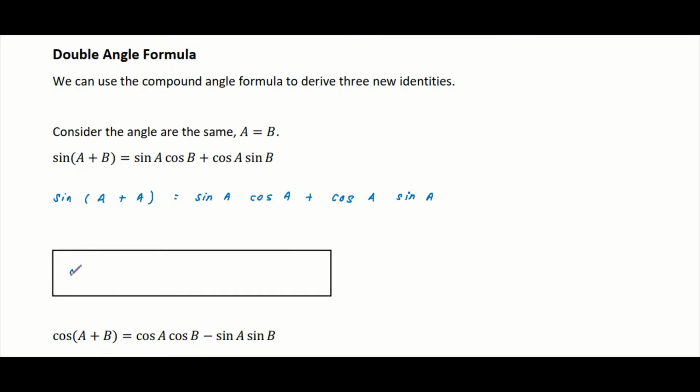So the first identity that we have is sine 2A equals 2 sine A cos A. Okay, because you add them together, or if you want, you can write one more, just change this to sine A cos A. Then you can see this much more clearly. So sine A cos A plus sine A cos A gives you 2 sine A cos A. Okay, so simple as that. So we got our first formula.